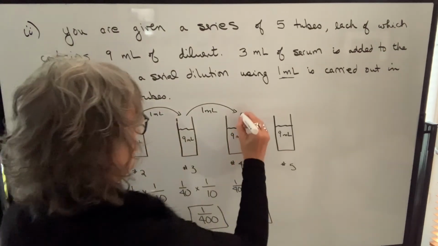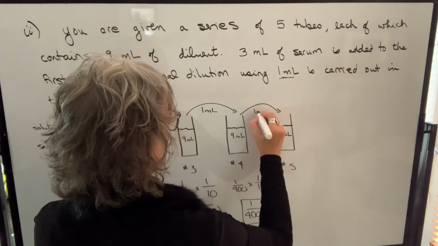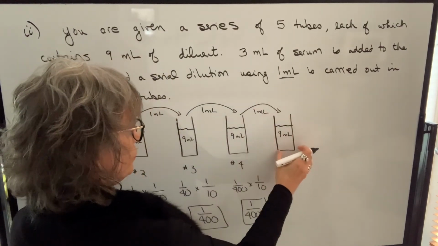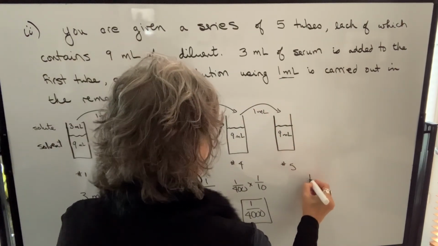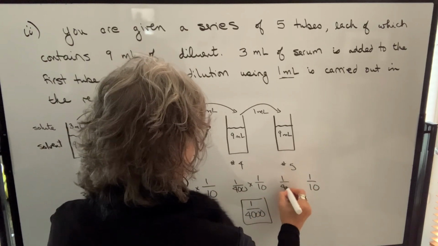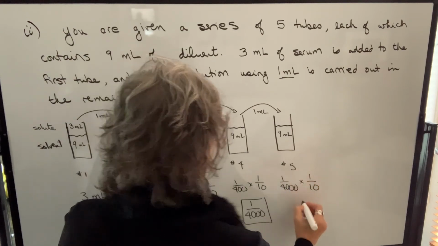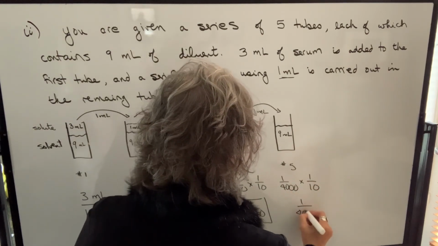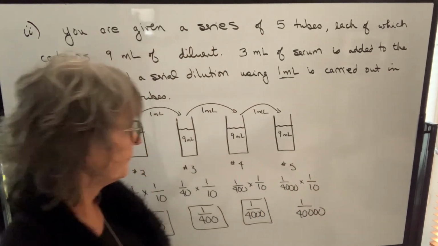And lastly, do the same thing again. 1 milliliter from tube number 4 goes into tube 5, so that will be a 1 to 10 dilution, and the concentration before we dilute it is 1 to 4,000, so that becomes 1 to 40,000.